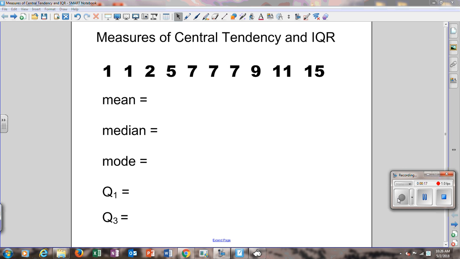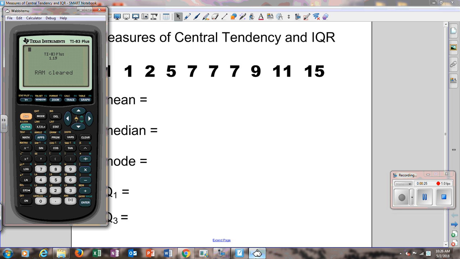To find the mean, we take all the numbers, add them up, and divide by the number of numbers.